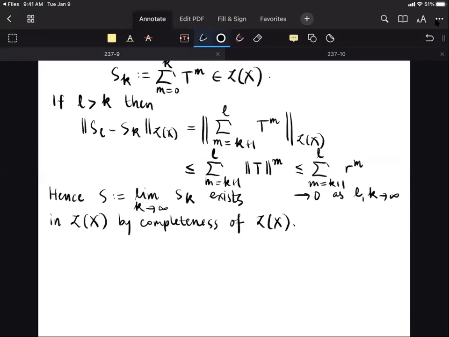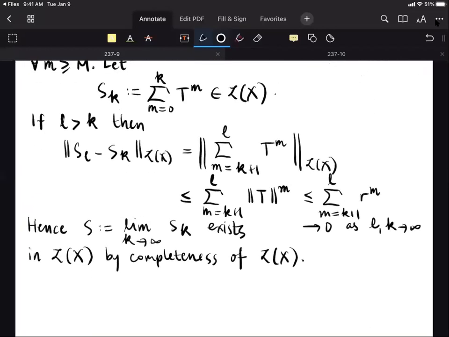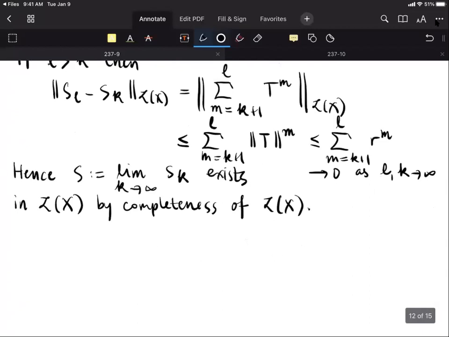Now, to prove that I minus T is in fact the inverse, you just follow the idea for the case of your usual geometric series. So if you wish to verify that this is the inverse of S, the goal is to show that this is indeed the identity.